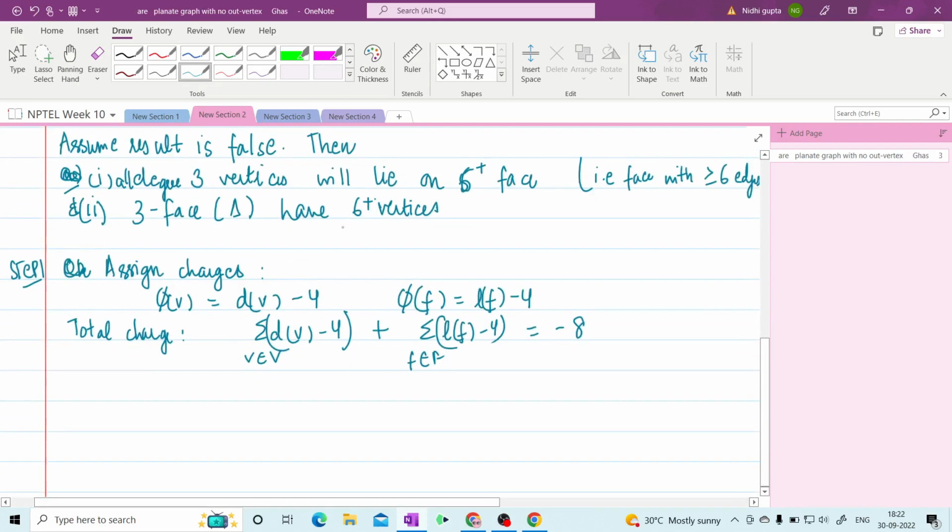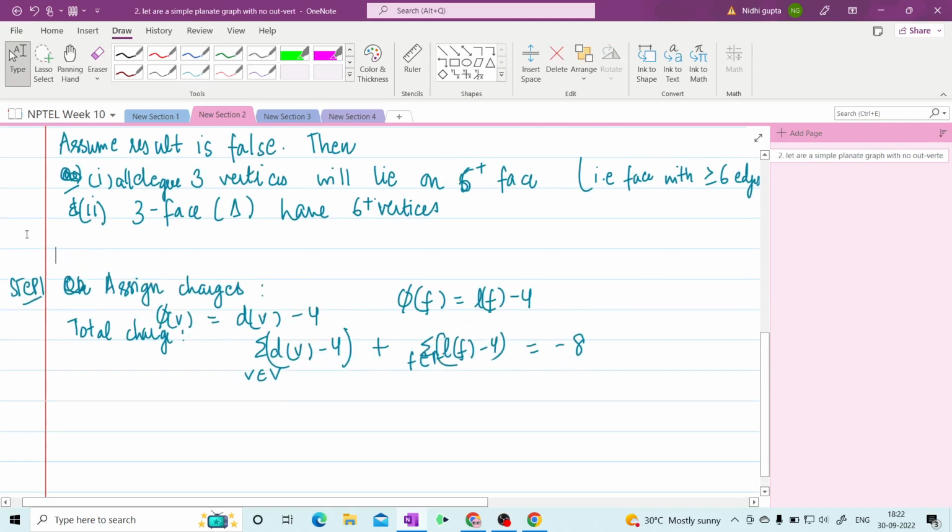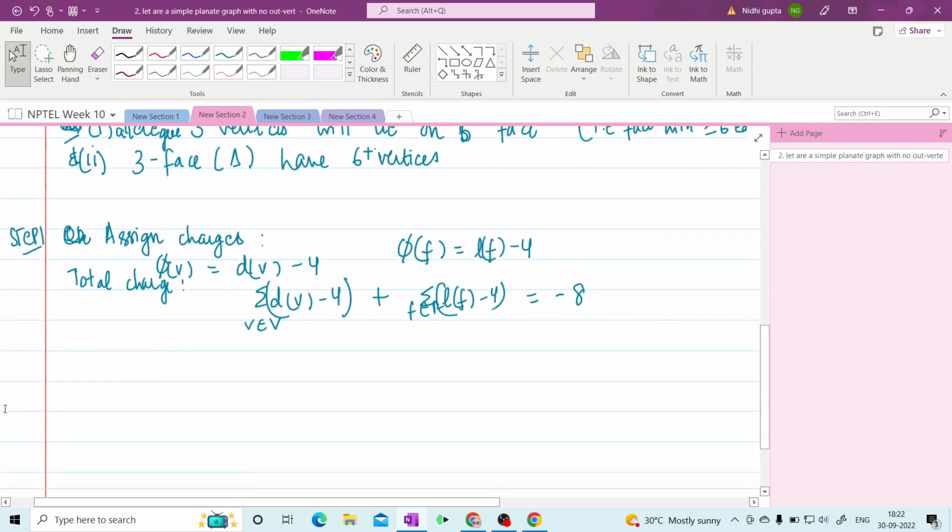Now the second step. We see that the total charge is negative, so the second step is to give a discharging rule, such that the total is less than or equal to -8.